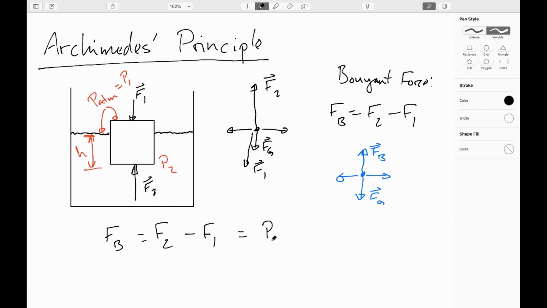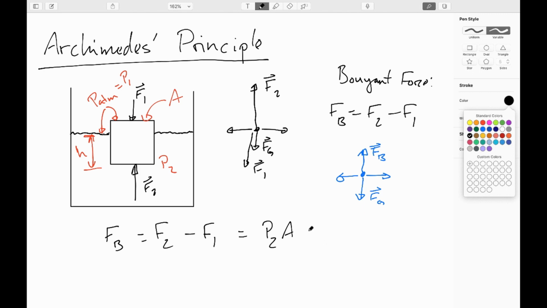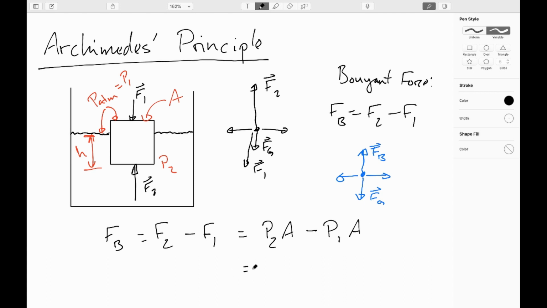And so this will be P2 A, where A is the cross-sectional area of the cube, minus P1 A. But now, since P1, which is technically at this height here, and the pressure here are the same, they're both atmospheric, we can write that P2 by Pascal's law is equal to P1 plus rho g h.